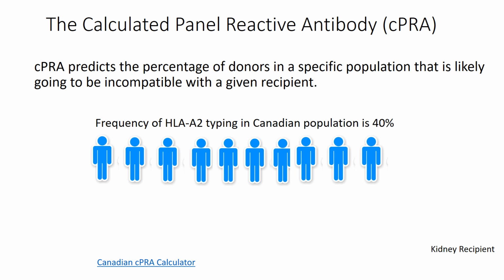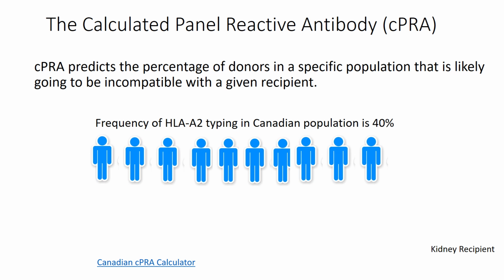So for example, if someone did their PRA in Asia or Africa or South America, their CPRA will be different than if they did it in North America or in Europe. And the reason is that the HLA allele frequency is different between populations.